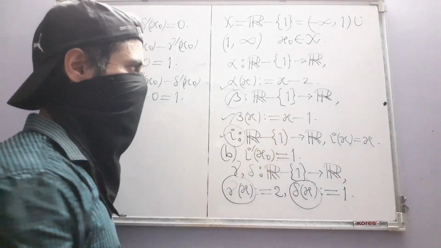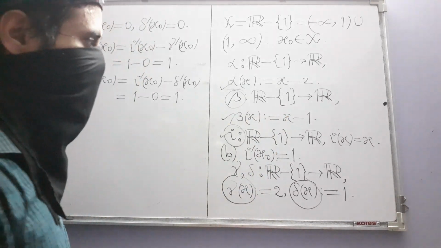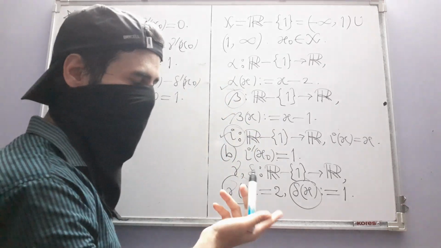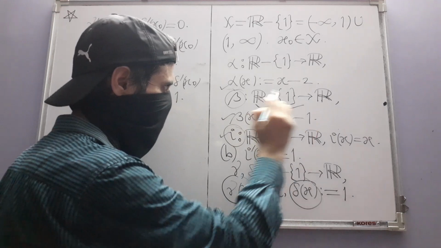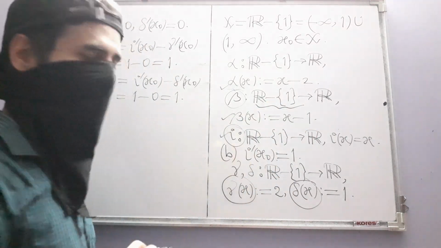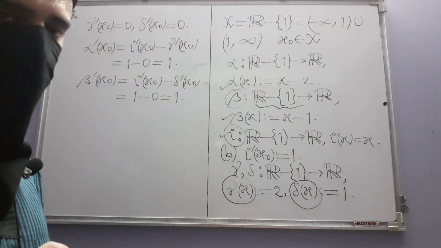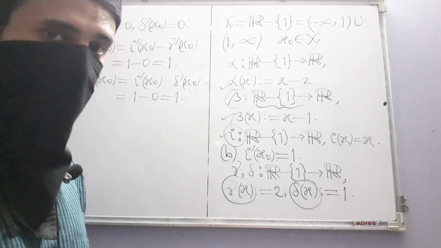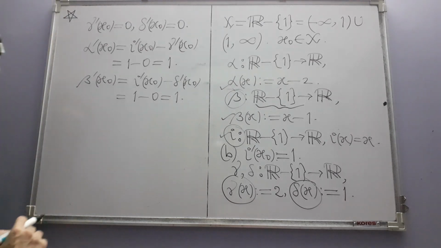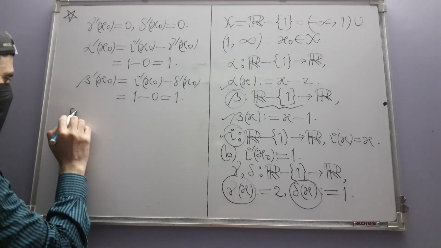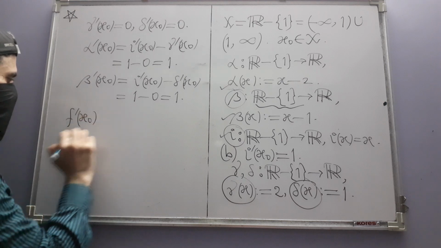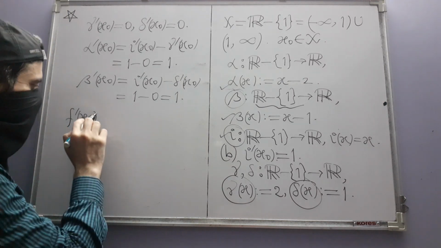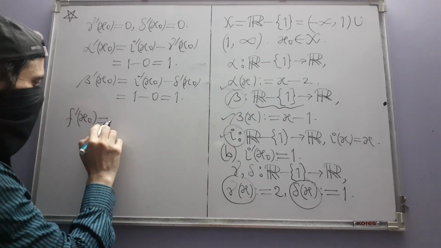However, that 1 is not available in our x, capital X. And that is why for all x, in fact the x naught we have chosen, it's actually any point in this set, beta of x naught is not equal to 0. So we have all the pieces with us so that we can apply the quotient rule to our original function f. So by the quotient rule, first of all, the first conclusion is that f is differentiable at x naught, and the next thing is its derivative.